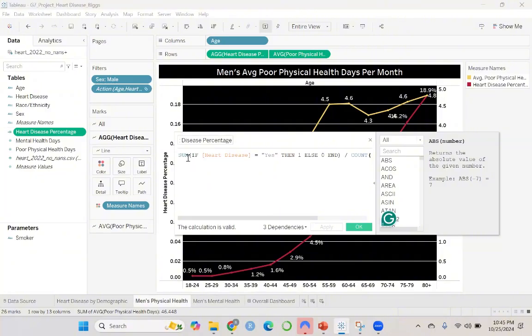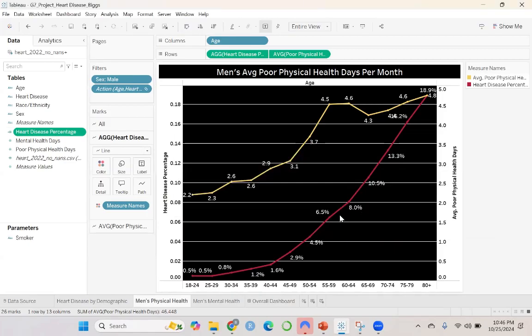So we needed to turn our heart disease field into a binary field. And so we summed them all up. If it was yes, then it was one. If not, zero. And then we divided by the count of heart disease to get the number, and then we turned it into a percentage. So it basically mimics the bar chart.